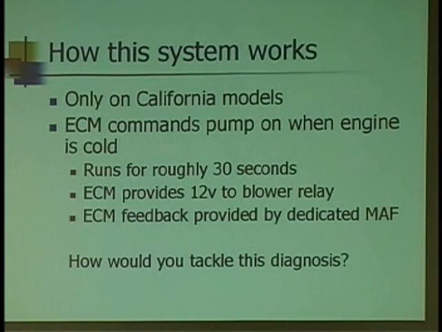The plumbing runs from the motor through a line and up to the exhaust, a check valve that's mounted to the exhaust manifold. From there, there's a passage cast into the cylinder head that distributes the air to individual ports going to the exhaust. Okay?